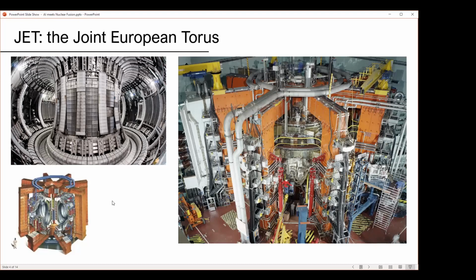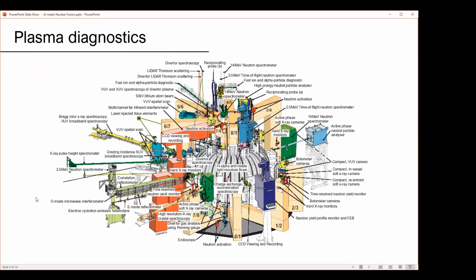So in the 90s, JET achieved the fusion record, and now, a few years before JET is decommissioned, people are trying to achieve that same record or even surpass it. So you may be seeing some headlines in the near future about the experiments that are being run at JET, despite being an old machine.